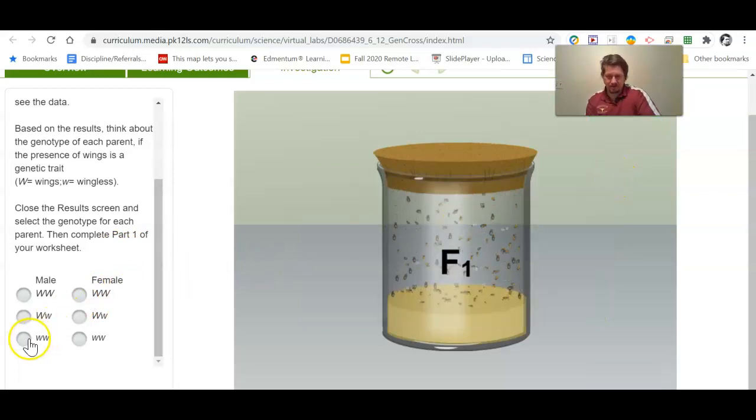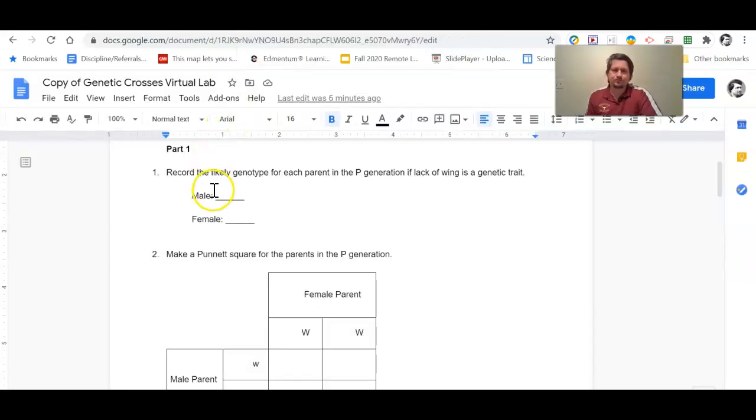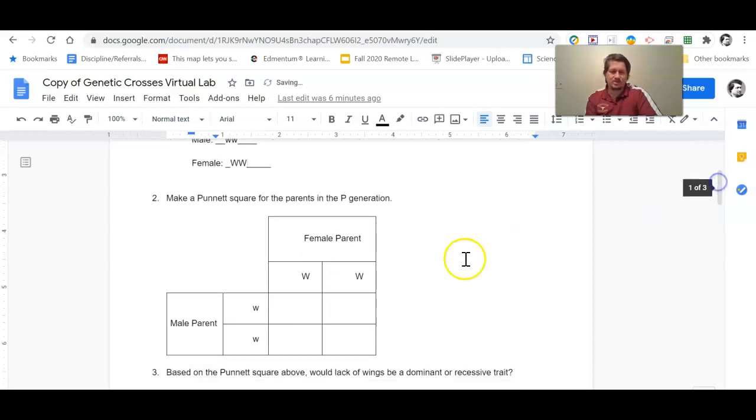So our parent generation is probably this. So in our document, probably have two lowercase, probably have two uppercase. We would put that into a Punnett square, female parent, 2 capital W, male parent, 2 lowercase.